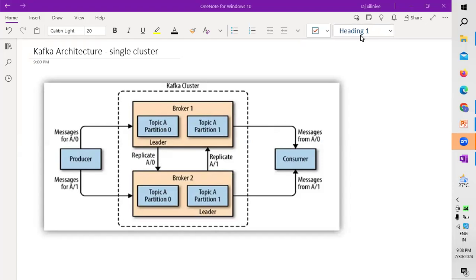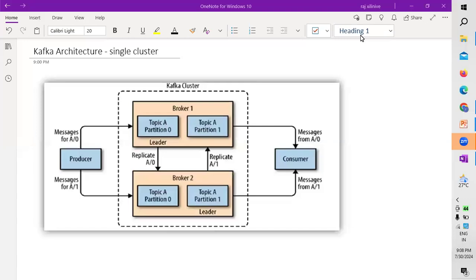So it can be multiple consumers, offline messaging, message replay, low latencies, high volume, fault tolerance, etc. In this regard, when we try to understand Apache Kafka architecture from the single cluster point of view, there are different components we will be having.